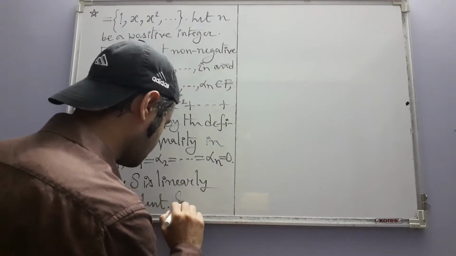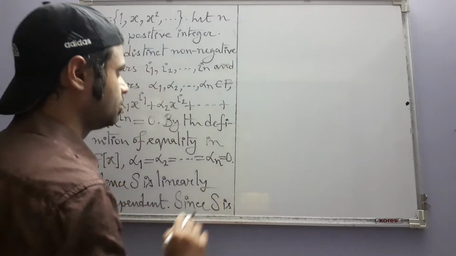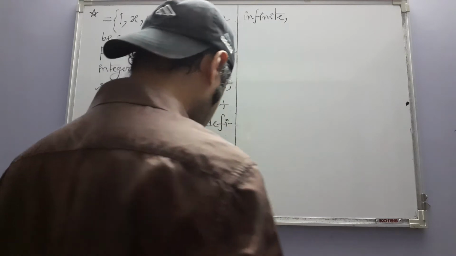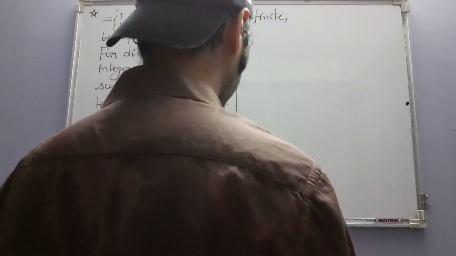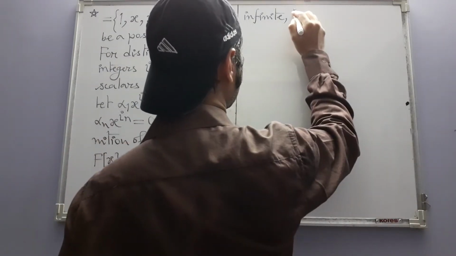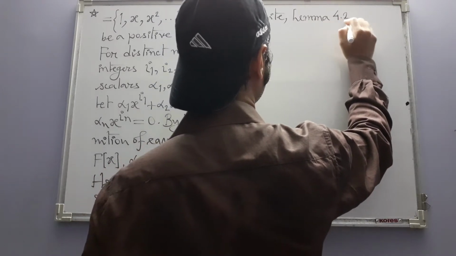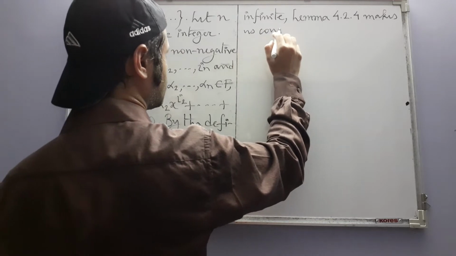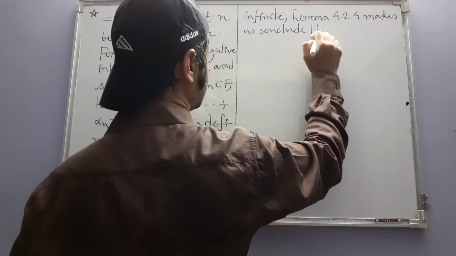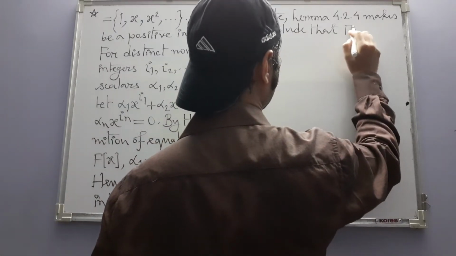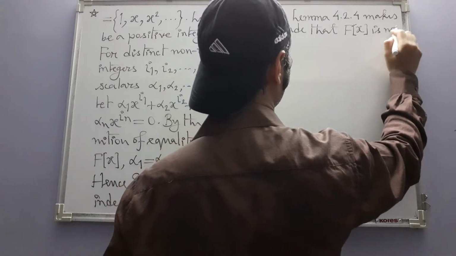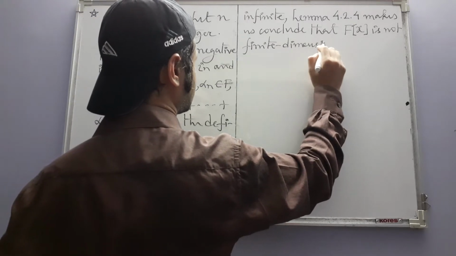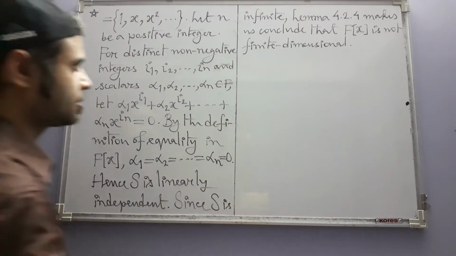Since S is infinite, what was it, it's Lemma 4.4. Lemma 4.4 makes us conclude that F[x] is not finite dimensional, and that's just it. That's what we wanted to show.